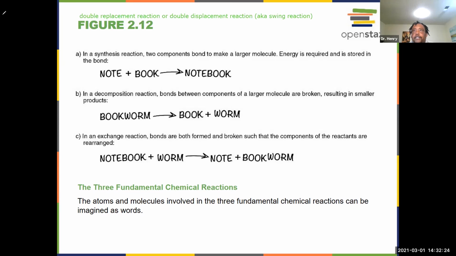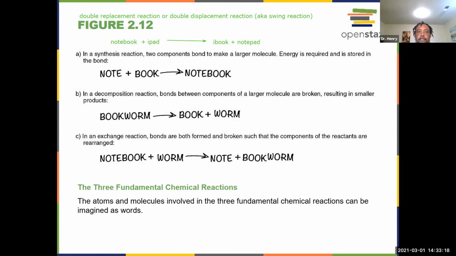The example is notebook plus iPad yields iBook plus notepad.